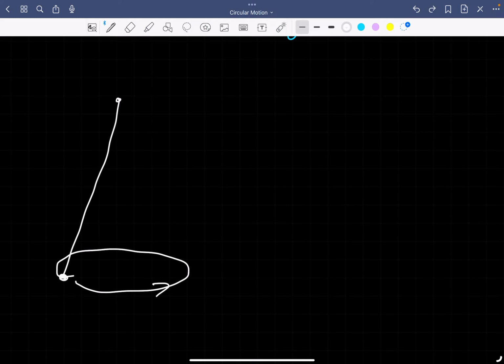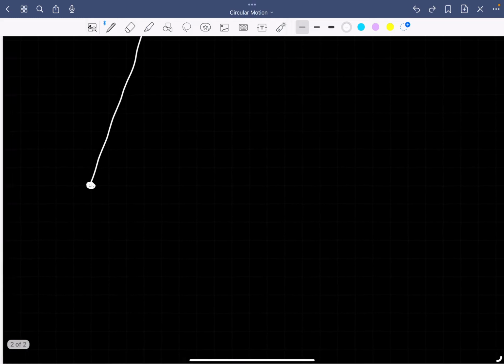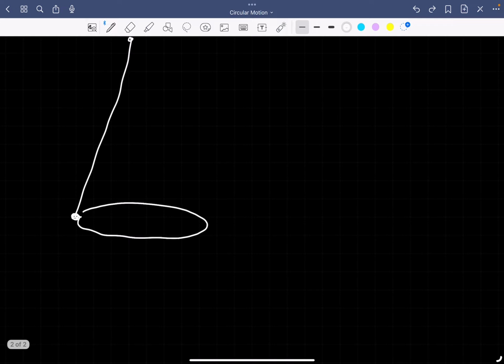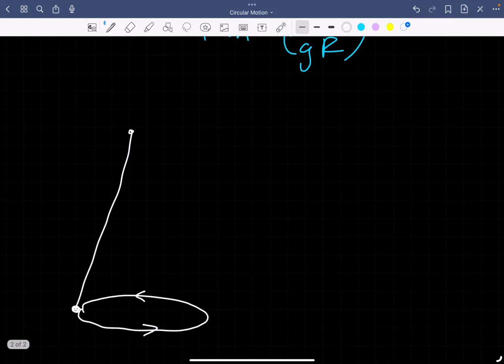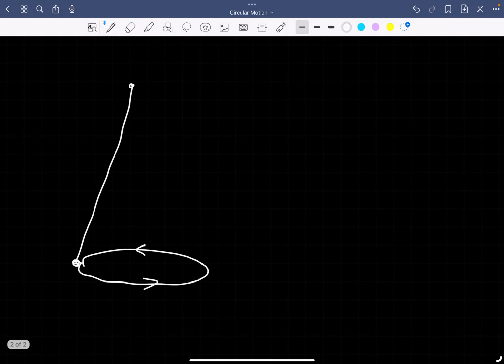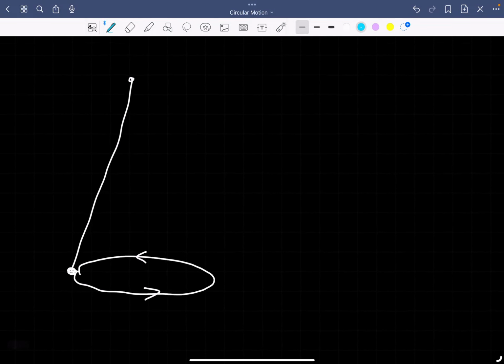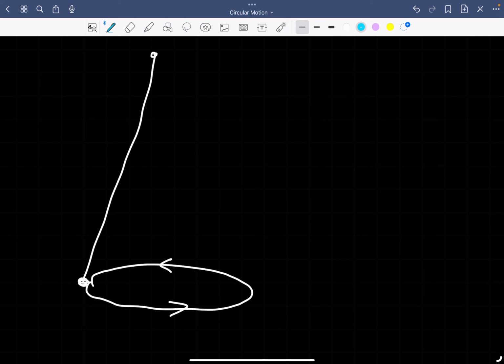So if I redraw this a bit better, let's just say that we're looking at this circular pendulum and it's at one end of the circle currently. Let's label a few of these parts. So let's just say this string here has length L, and the circle it travels in has radius r, and the distance from the center of the circle to the top where the string is attached, we'll call this distance h.